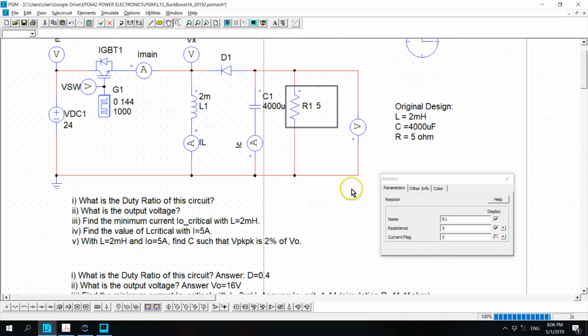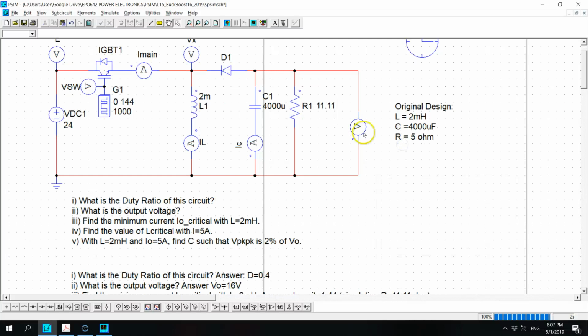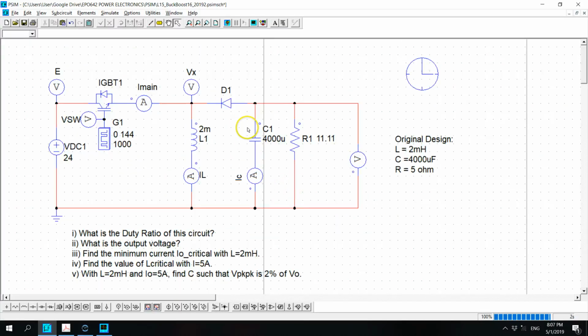So I want to change that to 11.11 ohm. With this circuit, I'm going to see the inductor current fall to 0 and then rise again. And this is the boundary condition. So the minimum inductor current that allows for the circuit is 1.44 ampere, and that corresponds to 11.11 ohm.